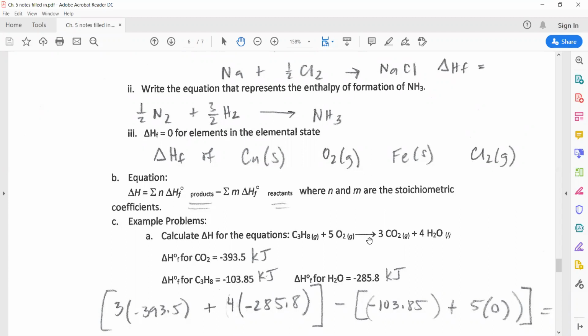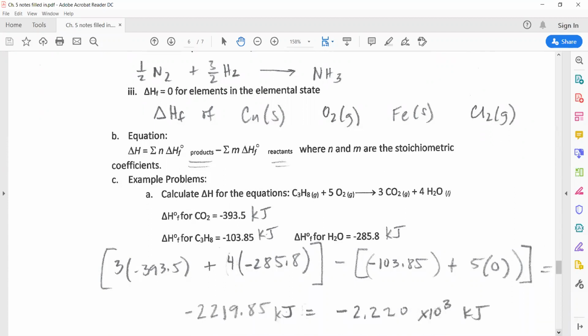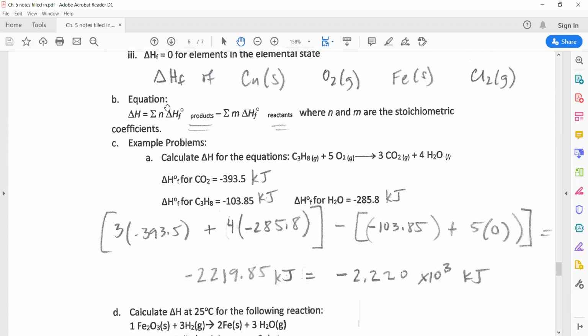So the way we use these values is by this equation. We take the sum, that's what the sigma is, that looks like an E, the sum of all of your heat of formations of products minus the sum of your heat of formation of reactants. The n and the m are the stoichiometric coefficients. So when you have a balanced equation, you'll use these.